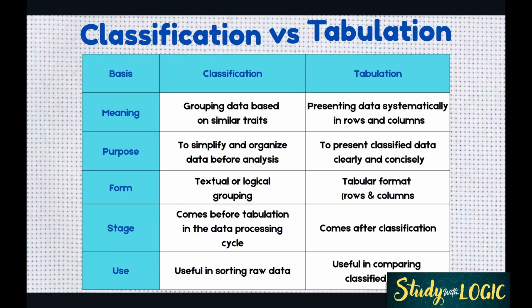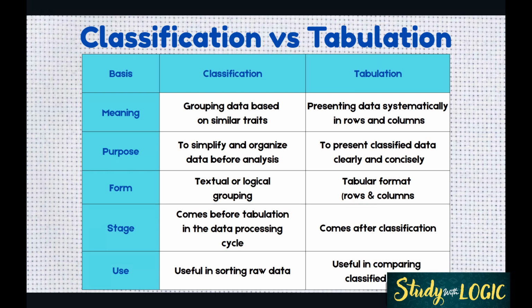Now, let us understand the difference between classification and tabulation. First, the meaning. Classification is the process of arranging data into sequences and groups according to their common characteristics and separating them into different but related parts.